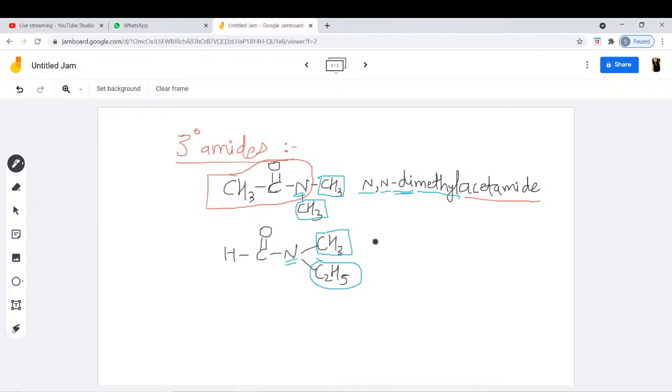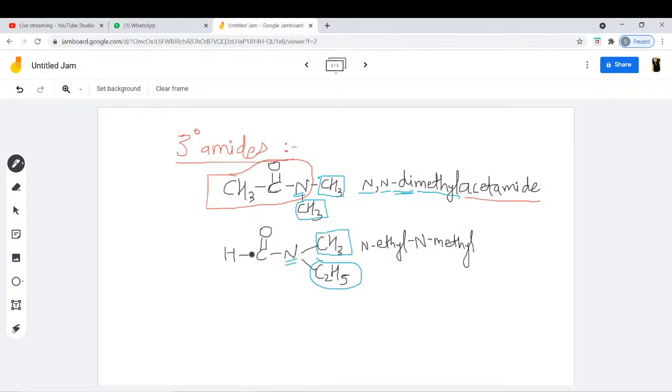Which comes first, M for methyl or E for ethyl? E for ethyl comes first, so N-ethyl, and another N-methyl.